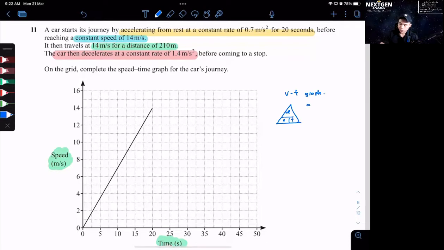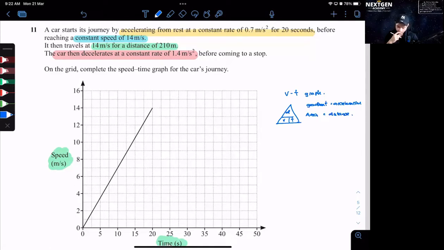Then what else do we know? The gradient represents your acceleration, and the area under the graph represents the distance traveled. These are the basic things that you need to know. So every time you do a VT graph, a speed time graph, make sure that you write this down first so that you are very clear on what you need to know.